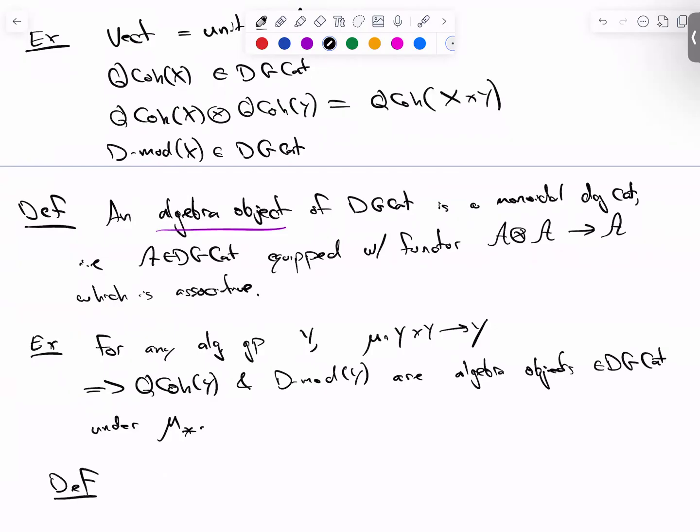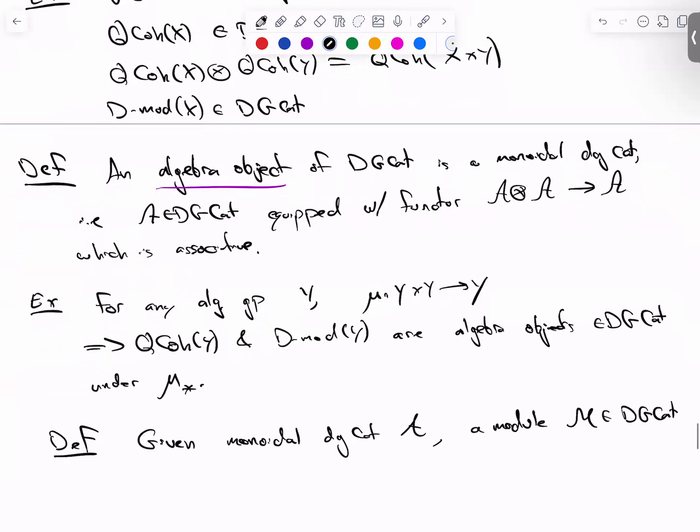And we have algebras. Now it makes sense to ask for modules for these algebras. So given an algebra A, a module is such that the action map is associative.